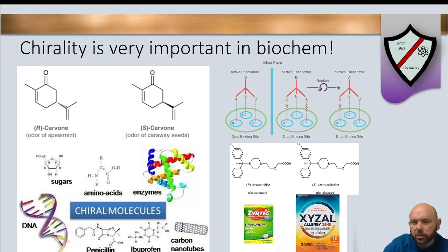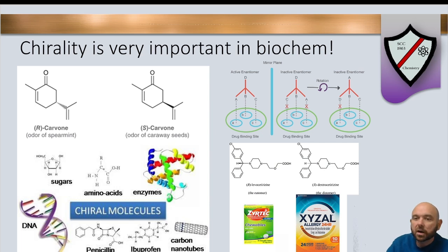We have an example here. The odor that you smell if you crush up spearmint leaves is a compound known as R-carvone. The enantiomer of carvone, S-carvone, has a completely different odor that we associate with caraway seeds. They're both reactive to the cells and the active sites in your nose, but just that difference in stereochemistry gives them completely different smells.